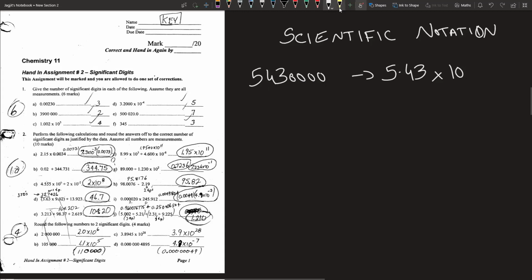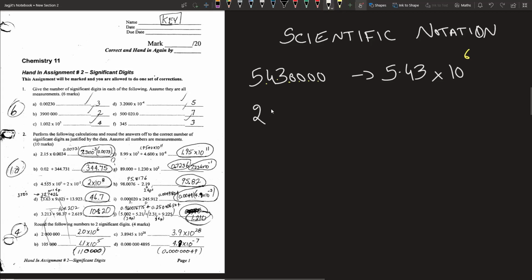Whenever you see a number like this, it means the dot is at this point right now. So you count how many places you need to move it to get it to this point right here. So let's see. 1, 2, 3, 4, 5, 6. You moved it 6 places to the left, so it will be 10 to the power 6. So that's how you convert it to scientific notation. Do you guys understand that?